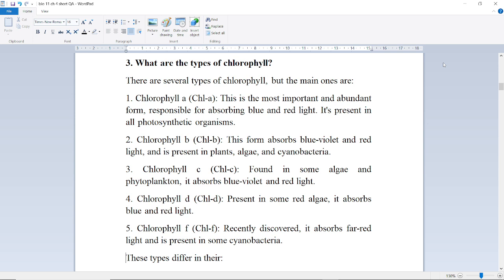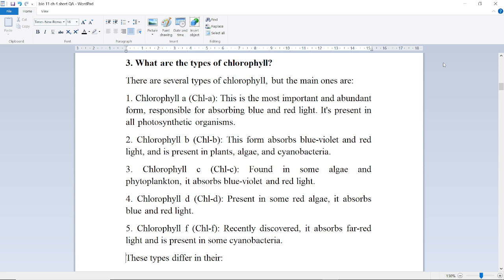Chlorophyll C, found in some algae and phytoplankton, absorbs blue, violet, and red light. Chlorophyll D, present in some red algae, absorbs blue and red light. Chlorophyll F, recently discovered, absorbs far red light and is present in some cyanobacteria.